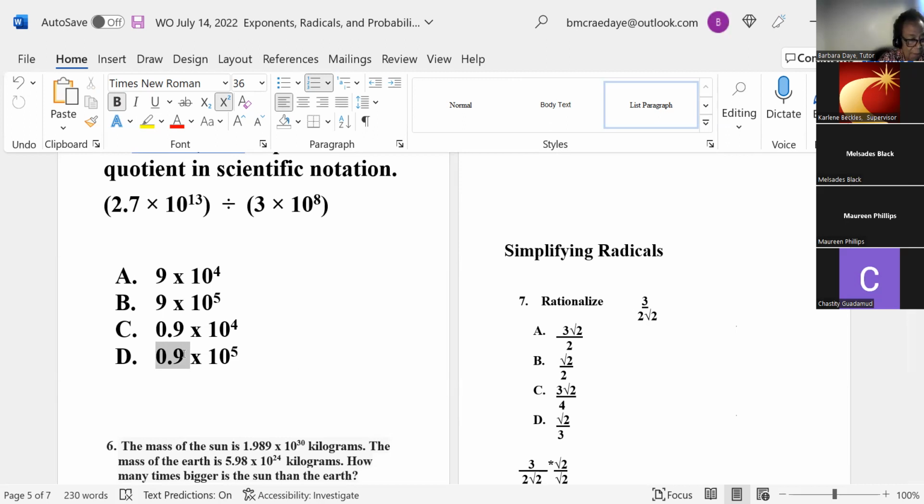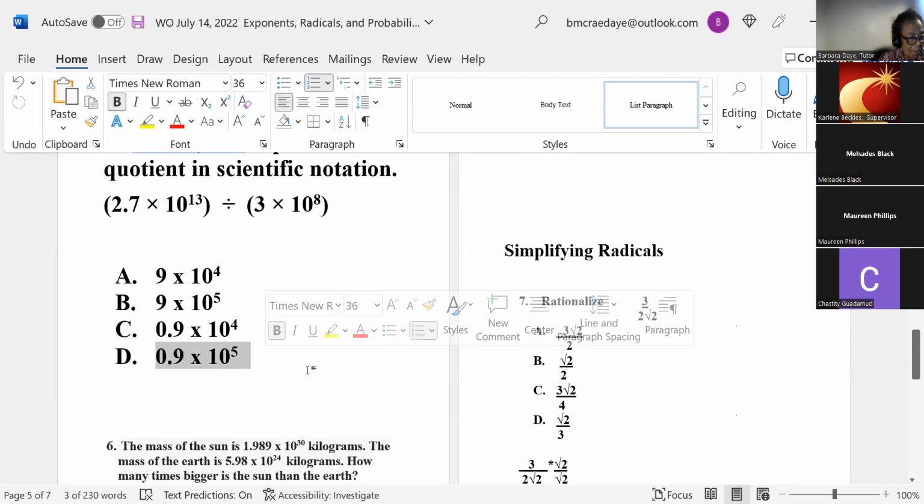Yeah, but when I do it over, I get 9 times 10 to the power 5. What is 2.7 divided by 3, Maureen? 0.9. Okay. Times 10 to the what?